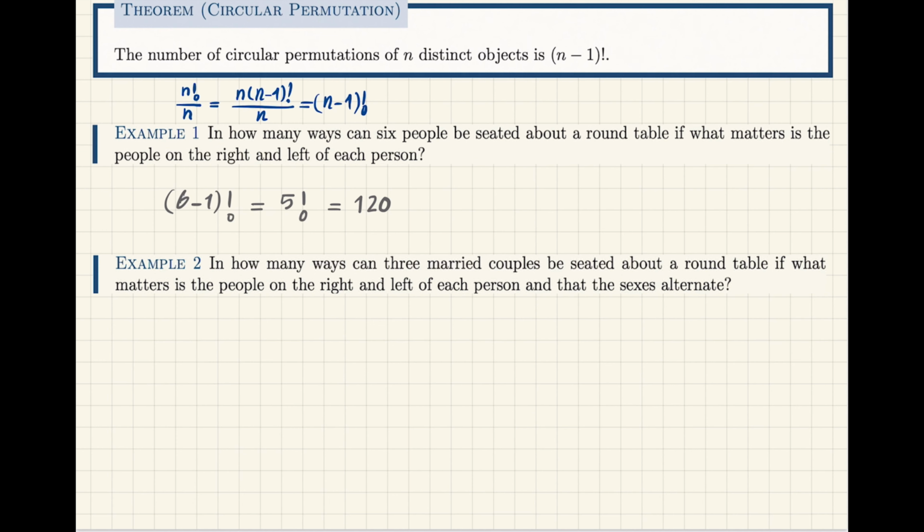For example, I have a round table with 6 people: man 1, W1, who are married, man 2, woman 2, man 3, woman 3. They are couples, but what is important is to arrange them around this round table so that the sexes alternate.